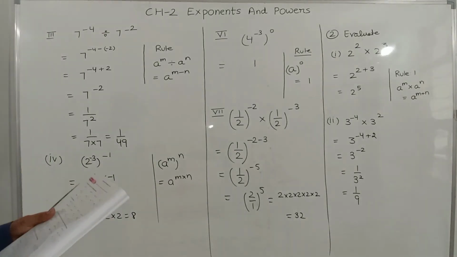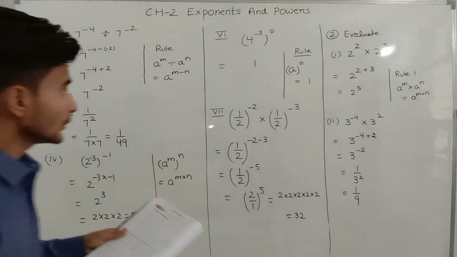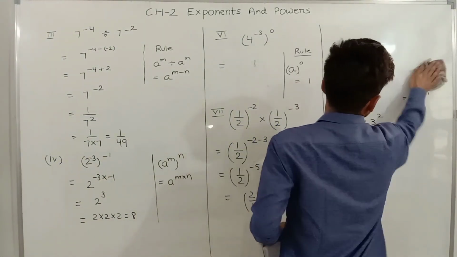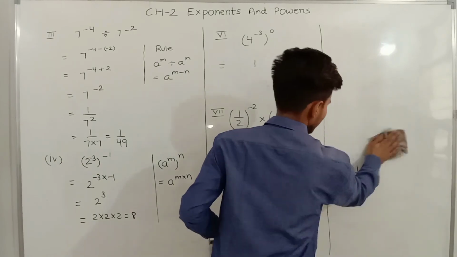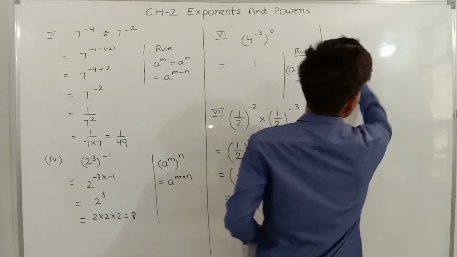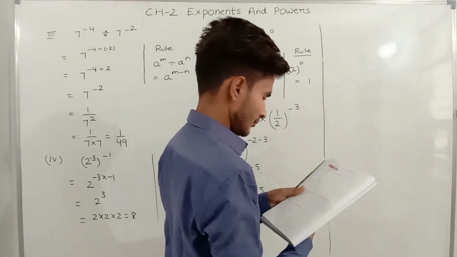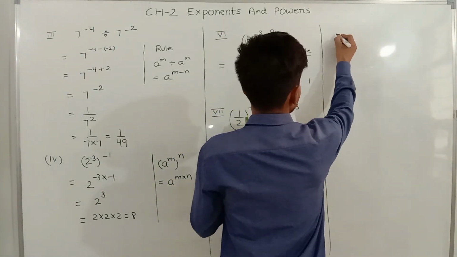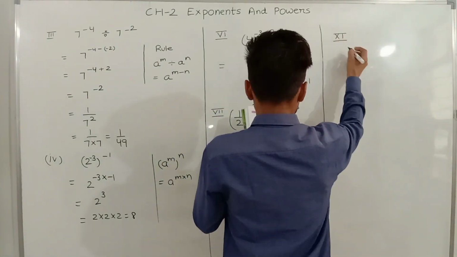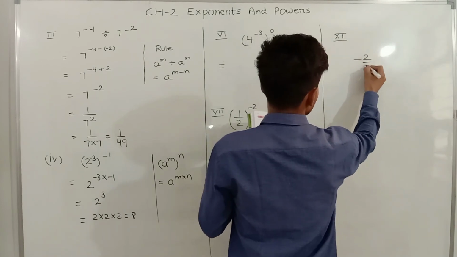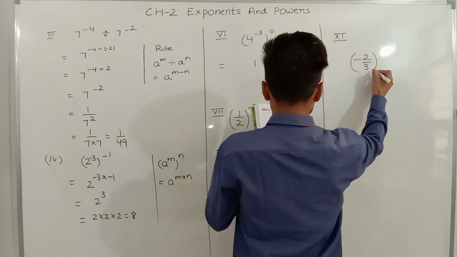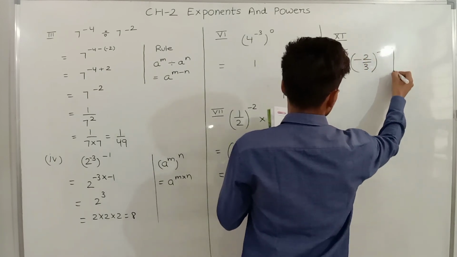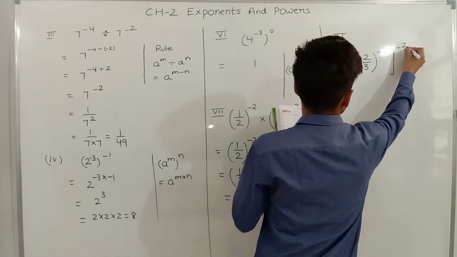In the same way, you can complete all the parts of it also. One more part I can do, that is sum number 11. The 11th part is minus 2 upon 3 whole power minus 3, then again whole power is minus 2.